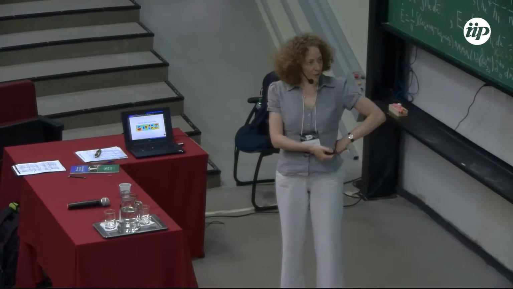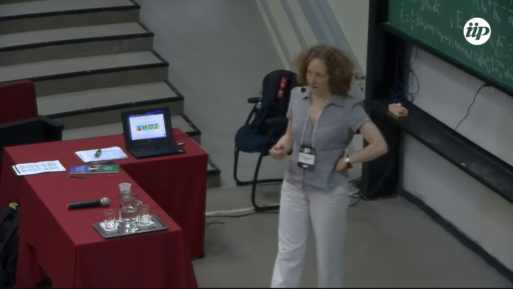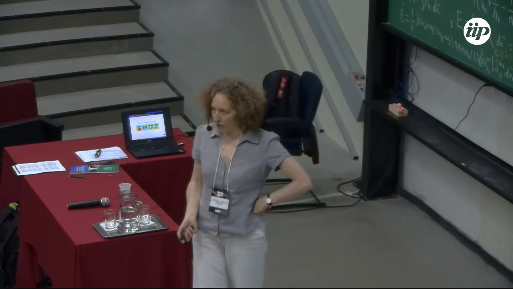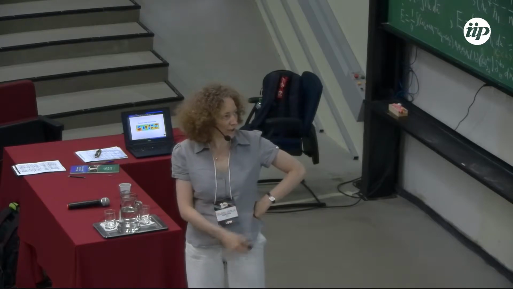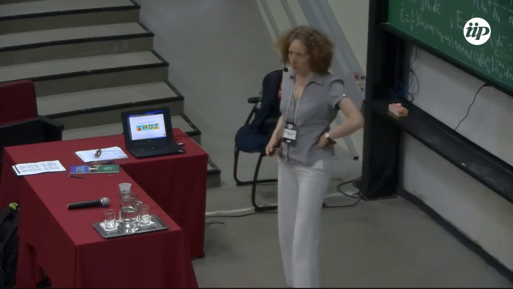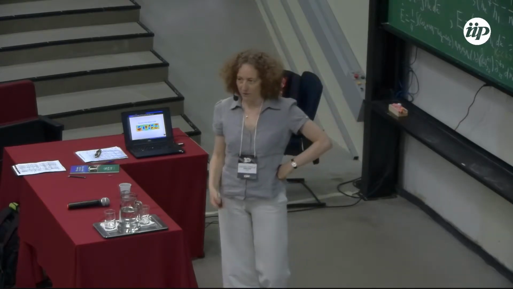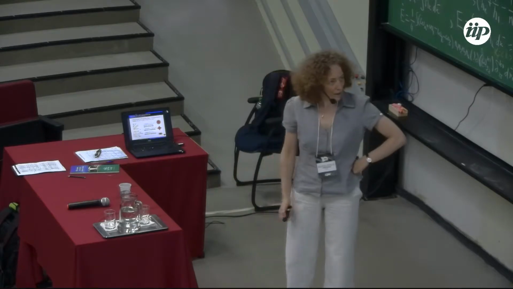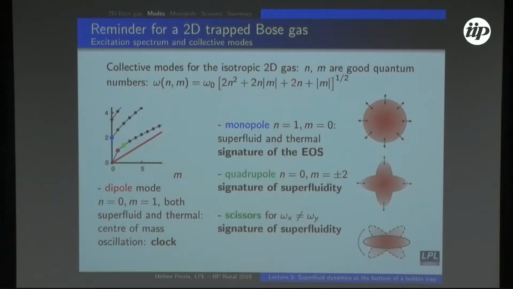So before I detail these collective modes, I will first show you an overview of the collective modes. Remember, we discussed a little bit the spectrum. There were different kinds of low energy collective modes, dipole, quadrupole, etc. So in a two-dimensional gas in a harmonic trap, this is the spectrum we get at low energy.